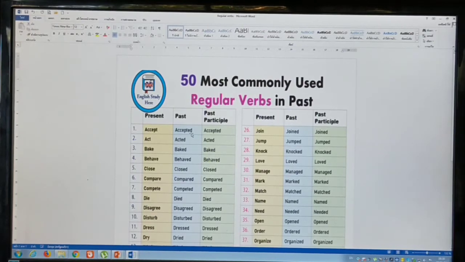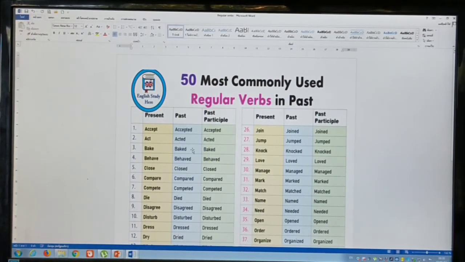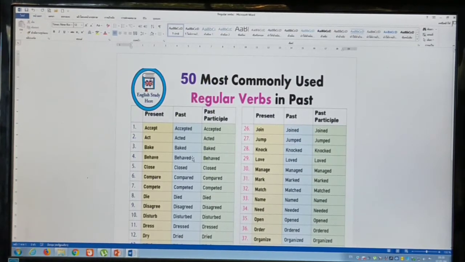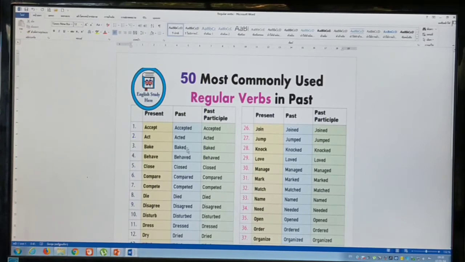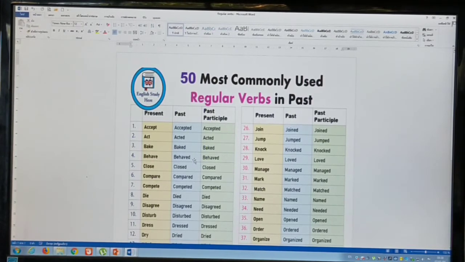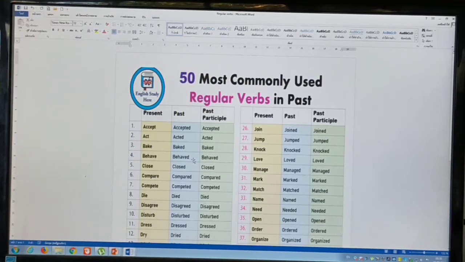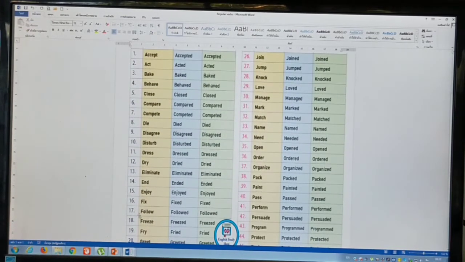The pronunciation changes as well because we have ed here. In some, the pronunciation is id, like accepted and acted, t, like baked, and d, like behaved. So you have to know the proper pronunciation of these words.